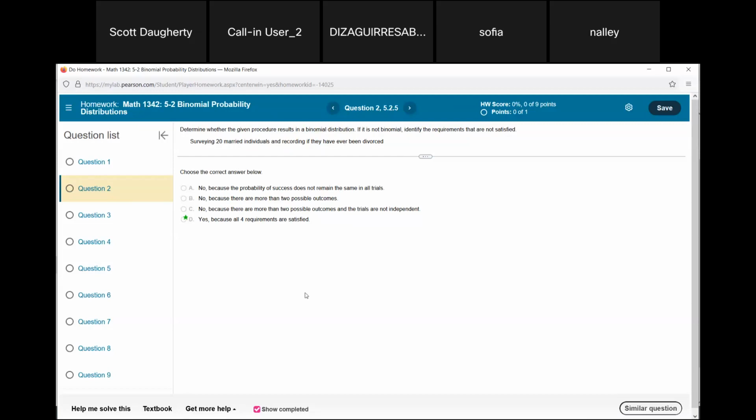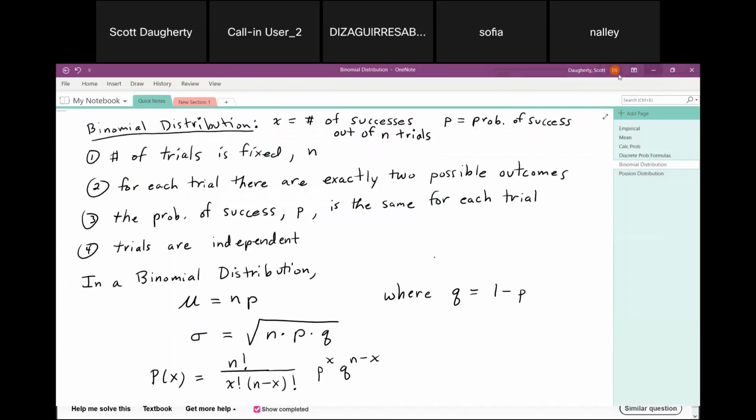Now, if you did this over a period of time, then the divorce rate might be different. And then when randomly picking someone, the probability of them being divorced or not might change depending on when you pick them. So let's assume that you're picking all these people at the same moment in time in the same country so that the probability of being divorced is the same. If that's the case, then it would satisfy that third condition. And then the trials have to be independent of each other.